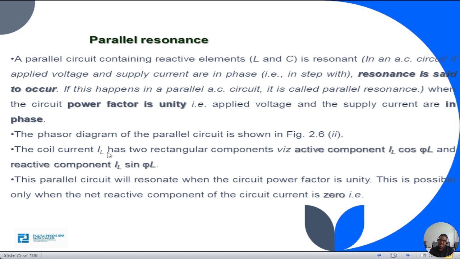The coil current IL has two rectangular components: the active component IL cos theta L and the reactive component IL sin theta L. This parallel circuit will resonate when the circuit power factor is unity. This is possible only when the net reactive component of the circuit current is 0.